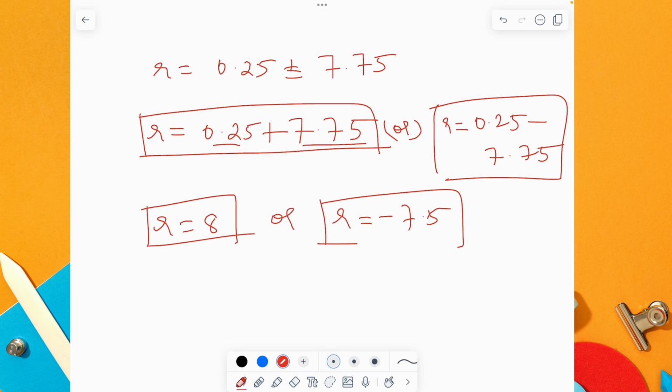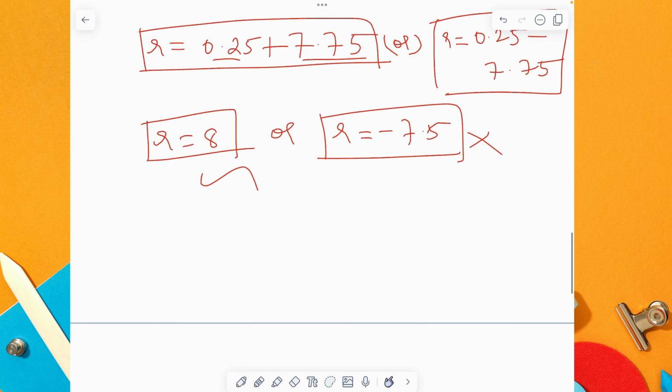We can't take the negative value, hence we'll ignore it. R represents the number of rows, so R is equal to 8.